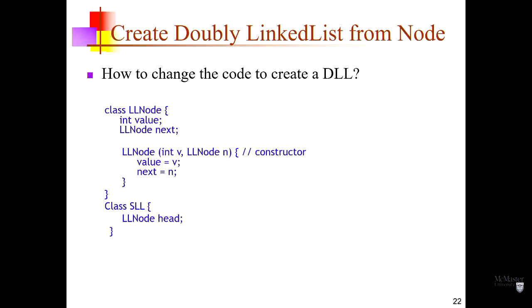You need to define the tail for the doubly linked list. We can still also add the tail to the single linked list as well, right? And we didn't do that. So is there any difference that I need the tail for the doubly linked list?